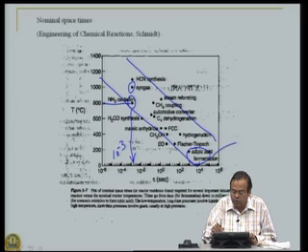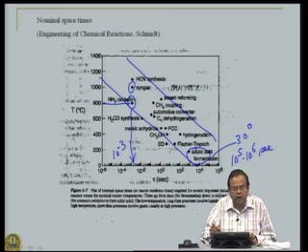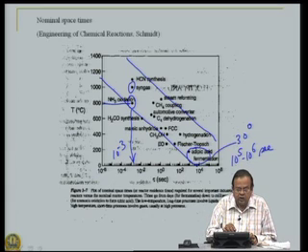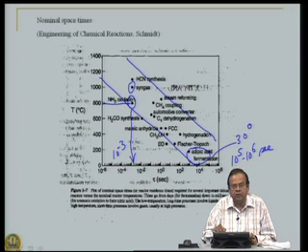So, on this extreme we have 30 degrees or up to 40, and residence times of 10 raised to 5, 10 raised to 6 seconds. You can work it out in hours and so on. So, as temperatures are higher, residence times are lower. As temperatures are lower, residence times are higher.